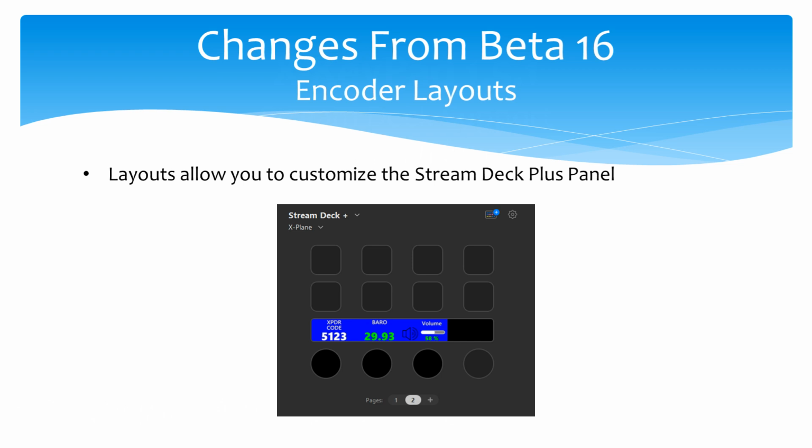You have a little more control over where the lines actually get placed. You also have the ability to add these other elements like these progress bars, which are built into the Stream Deck software. So it gives you an ability to customize that panel above the encoder a little bit more.